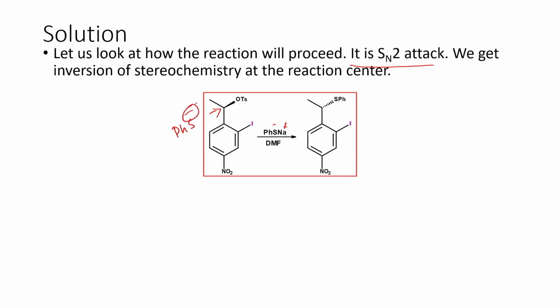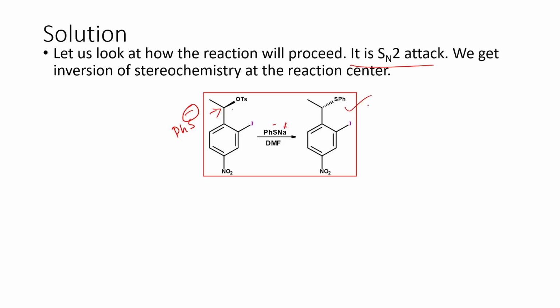As this reaction is an SN2 attack, that means inversion of the stereochemistry will happen. In other words, if it is pointing above, then the product is going to be formed pointing below. So the stereochemistry is inverted at the reaction center.